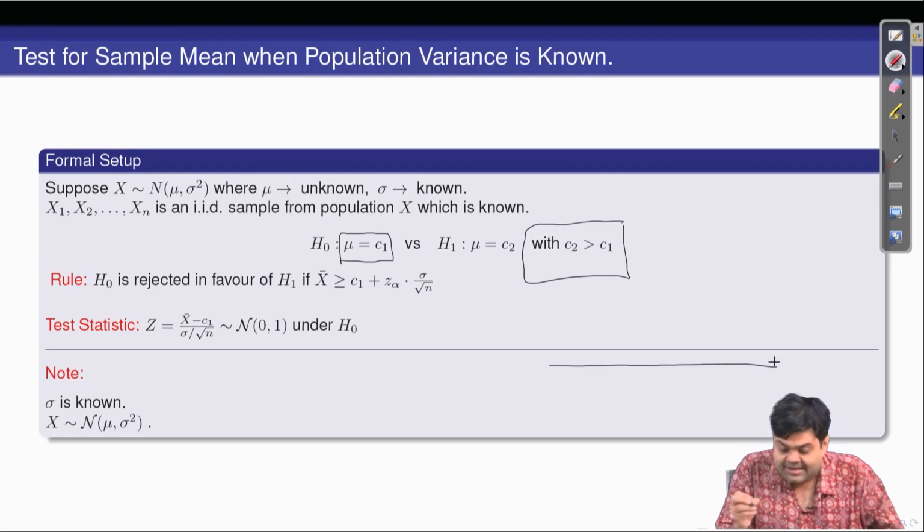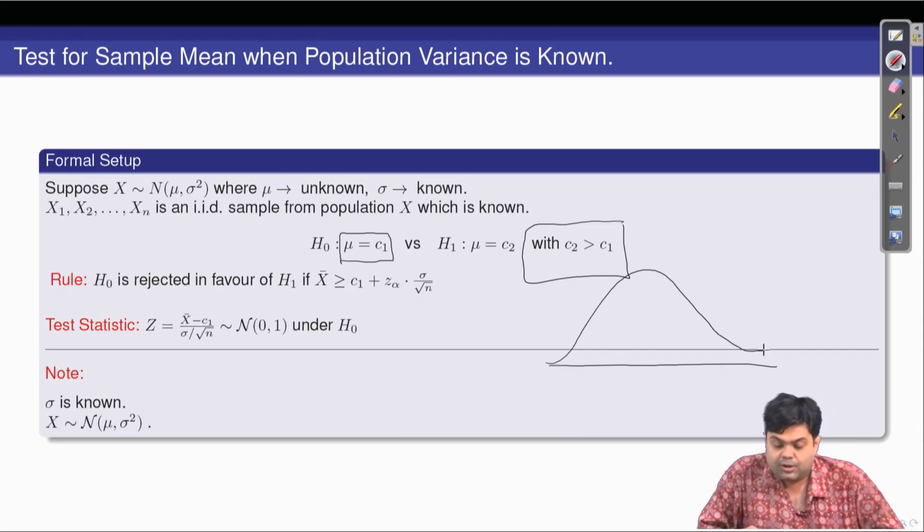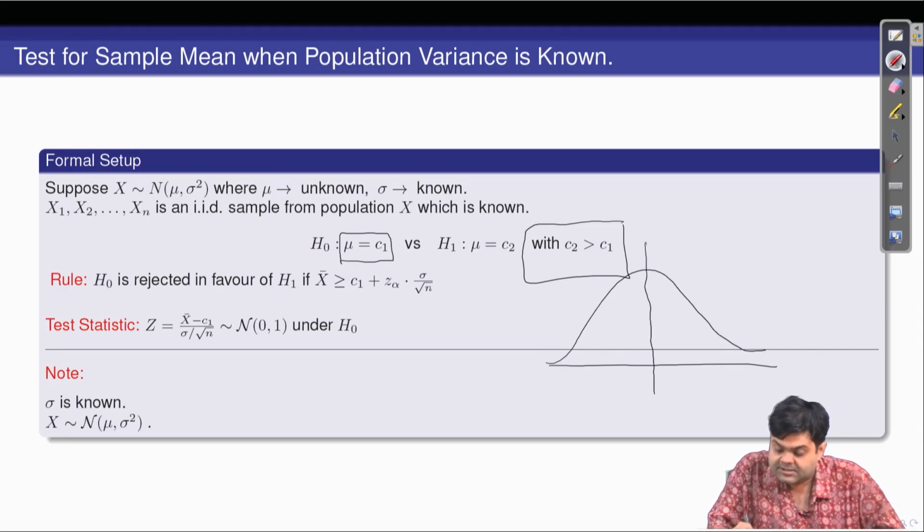So this is roughly the normal graph. If this is C1, this is the graph of C1.